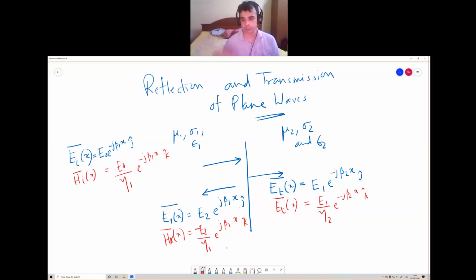This is there to ensure that the wave is propagating along minus I. Because of I, J, K cross products, J cross K is I and K cross I is J. So if the wave has to propagate in the minus I direction and the electric field is along plus J direction, then the magnetic field will be along minus K. That is why it is minus.